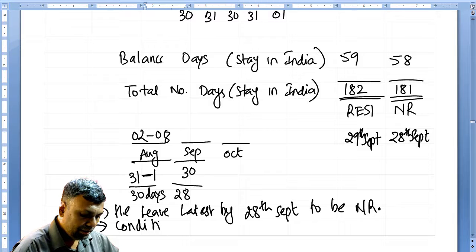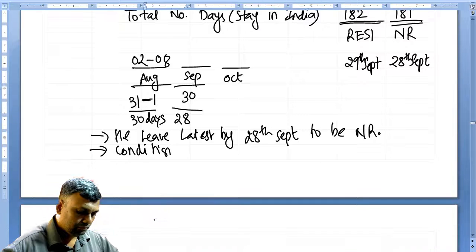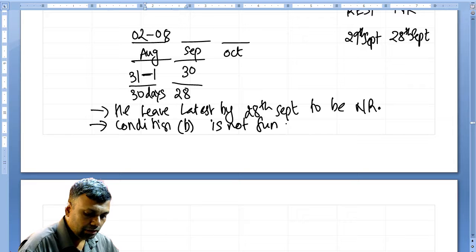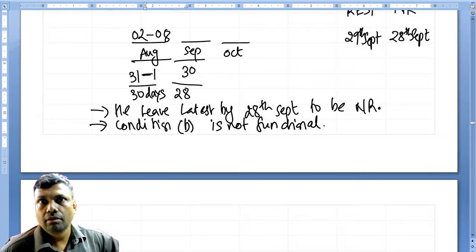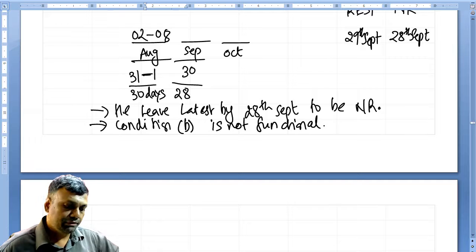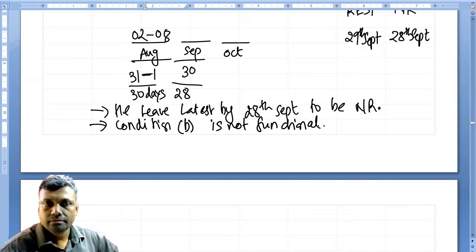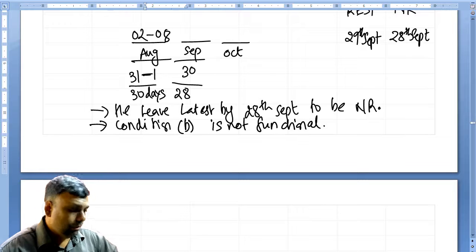And condition B is not functional. These two extra points I have already brought to your notice. So, 28th September is your last deadline, keeping in mind 182 number of days.